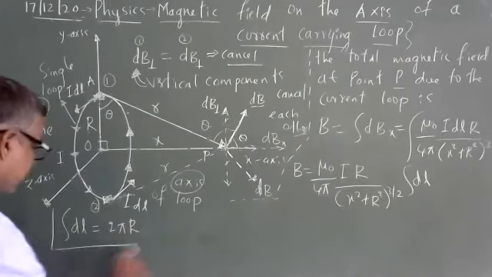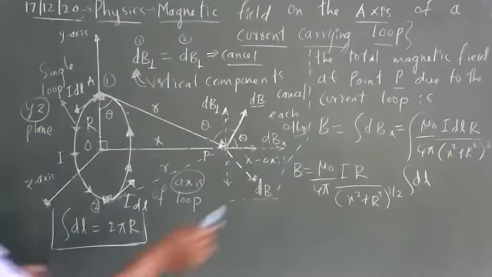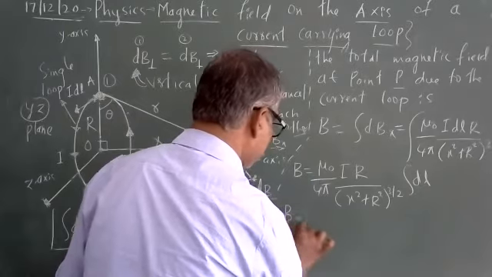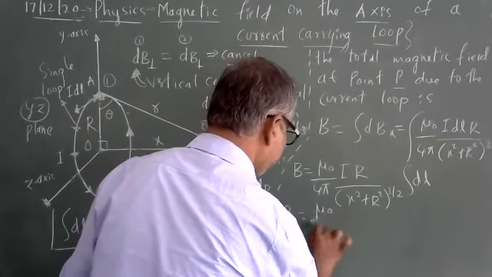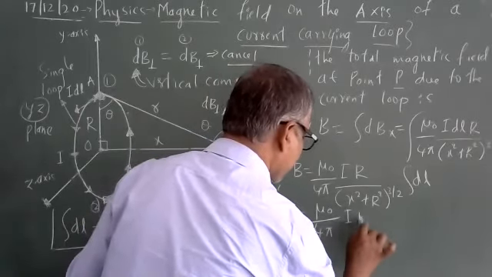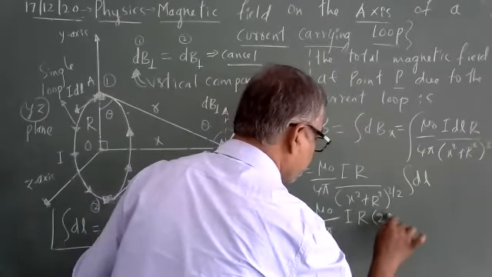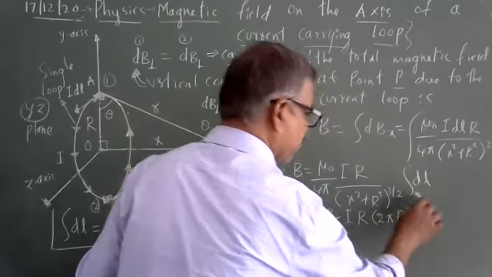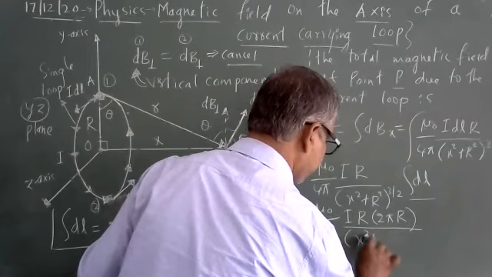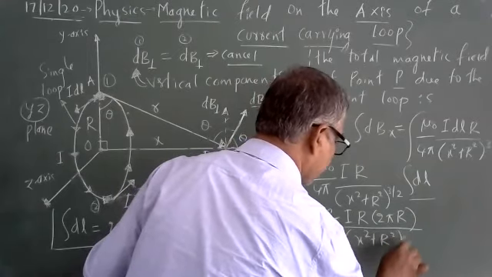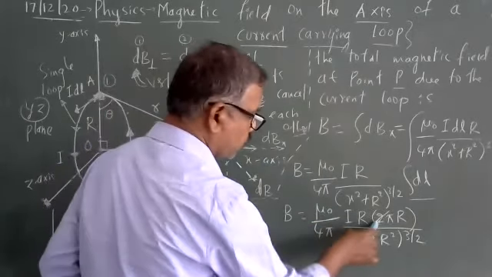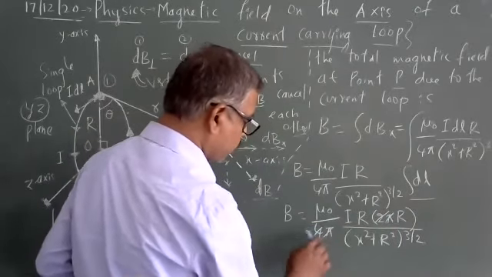This I will be substituting in my equation. Let me substitute here. The magnetic field B is equivalent to mu 0 divided by 4 pi, I, r, and you put 2 pi r in place of this integration. In the denominator, the remaining things are as they are, x square plus r square to the power 3 by 2. Now, 2 pi cancels with 4 pi, leaving only 2.